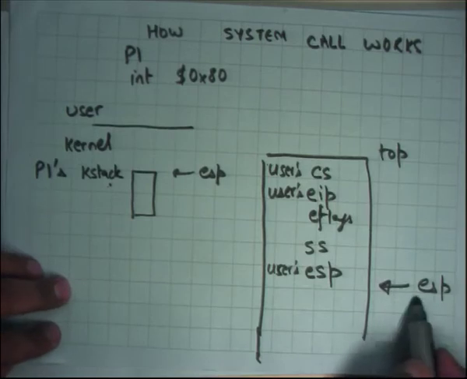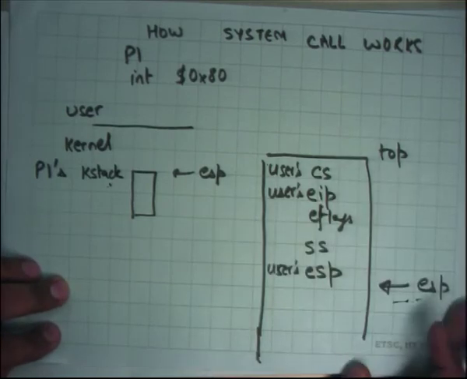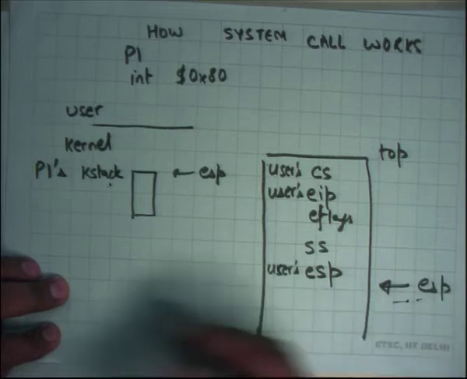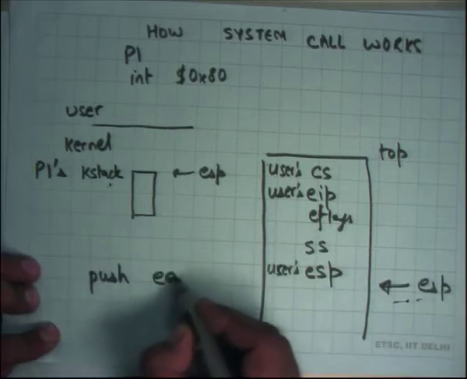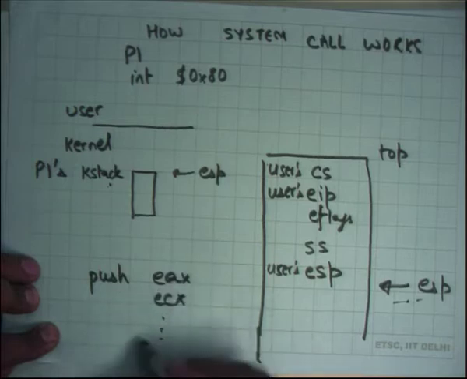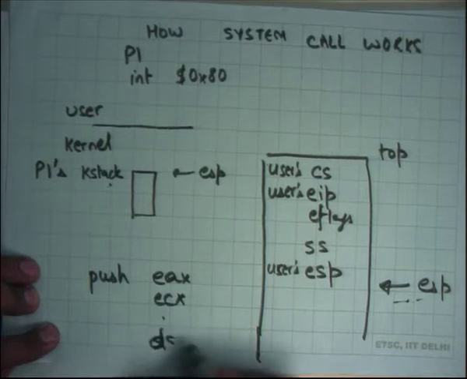So now the handler gets called. At this point the handler gets called, and the first few things it's going to do is execute instructions like push other registers, let's say push EAX, ECX, other segment registers, let's say SS, DS, and so on, right.